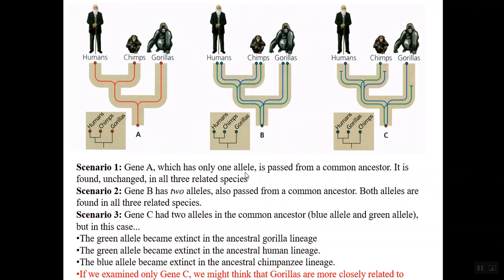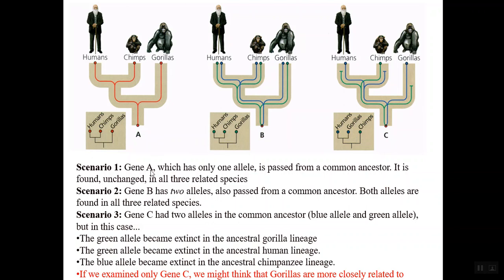You know what an allele is at this point, a gene variant. Let's look at different genes, gene A, gene B, and gene C, and build up a molecular tree, a gene tree, based on just the single genes, A, B, and C.